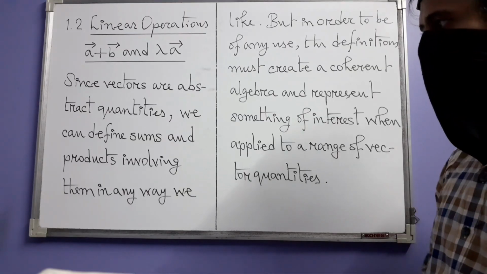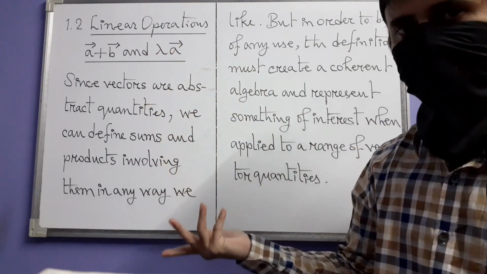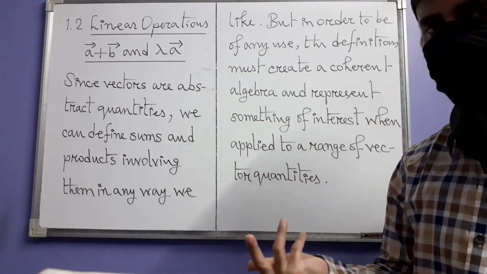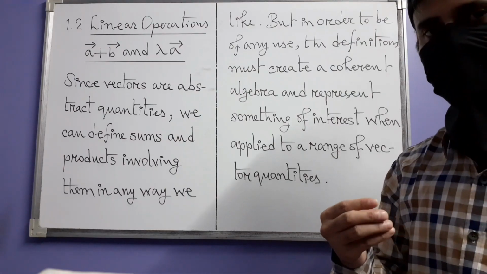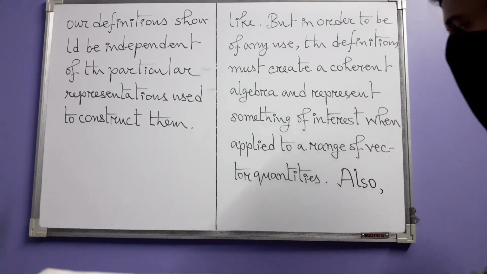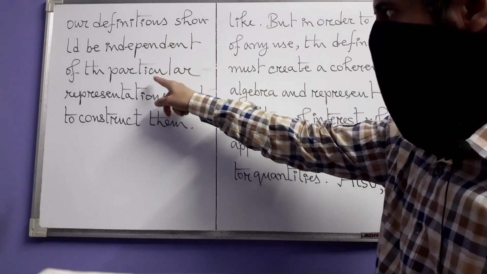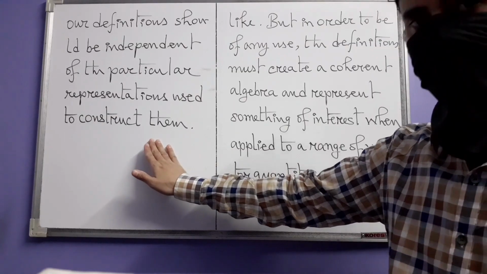That is why we cannot just simply define these operations in any way we like. Although we can, that won't really be of any use. That will ultimately just simply be a mathematical game. And there is something else also. Also, our definitions should be independent of the particular representations used to construct them.